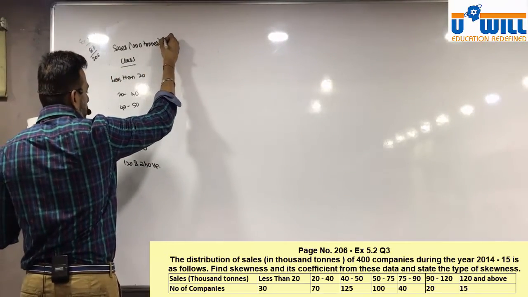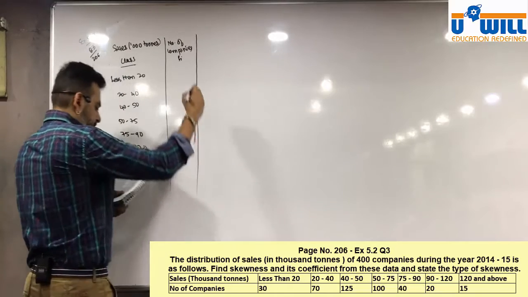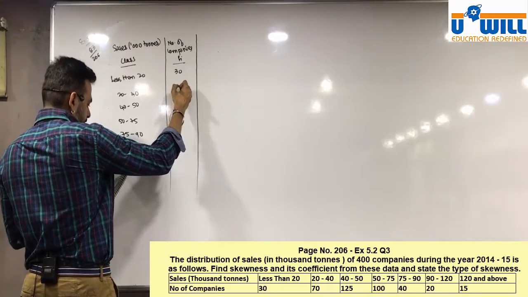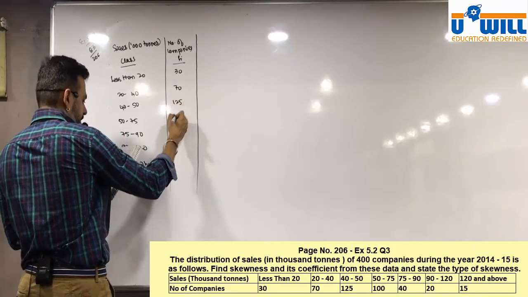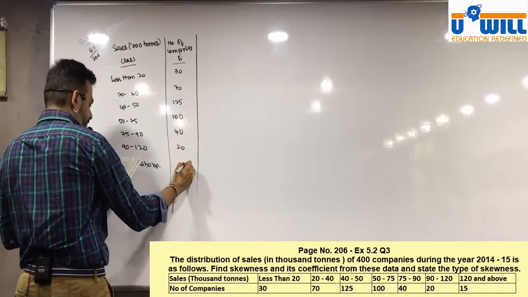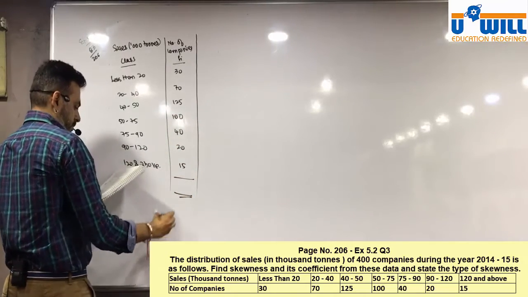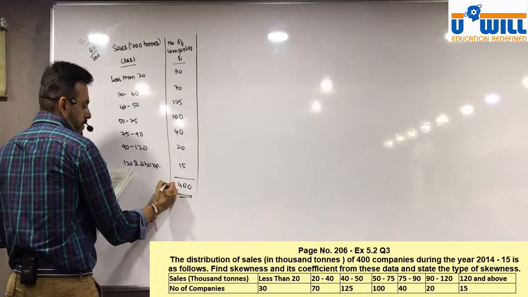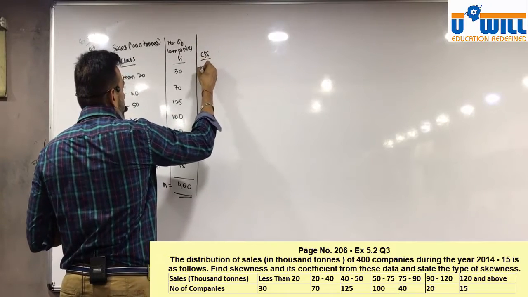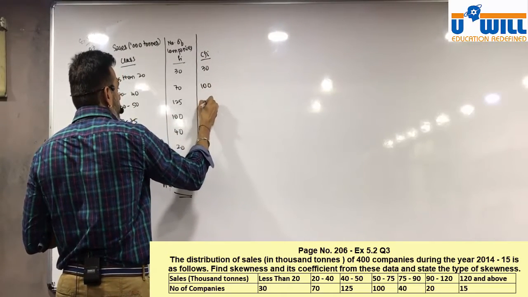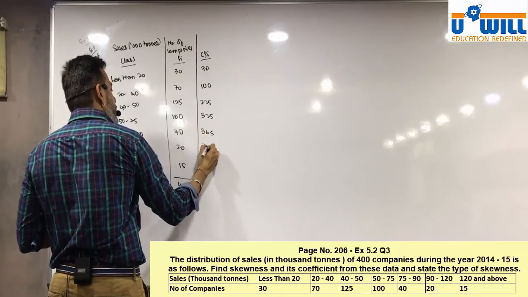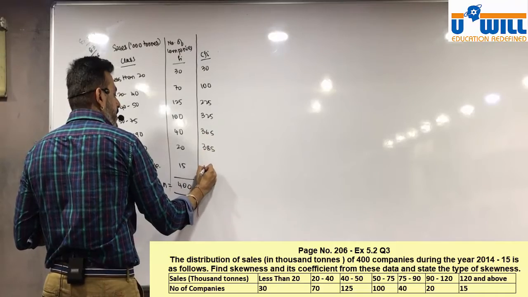Number of companies are 30, 70, 125, 100, 40, 20 and 50. We know there are total 400 companies. Cross verify. CFI: 30, 100, 225, 325, 365, 385 and 400.